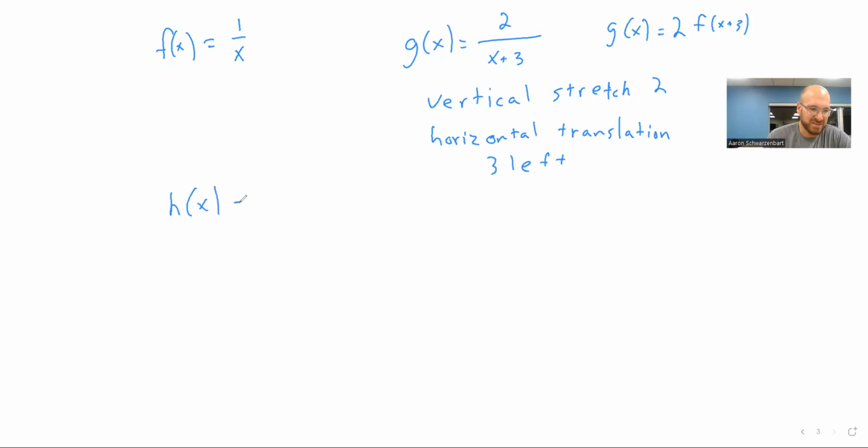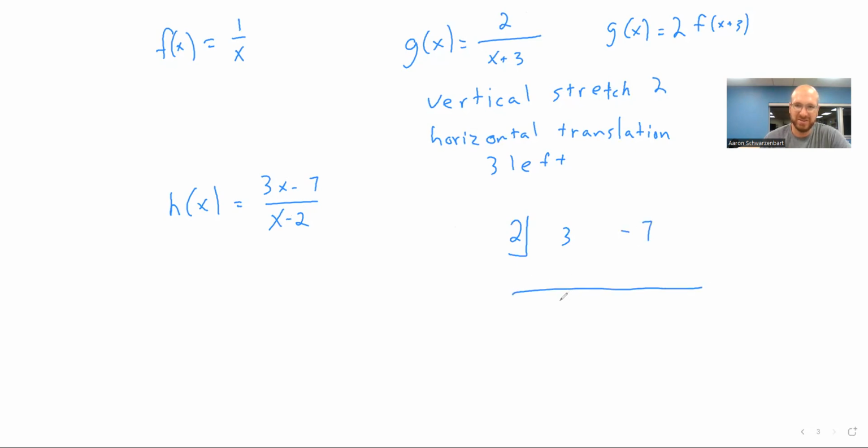H of x is a little less clean. Right now, it doesn't look like it's in the 1 over x form. I've got an x on top and bottom. So I didn't just multiply by something. So in order to do this, I'm going to divide, and I'll use synthetic division.